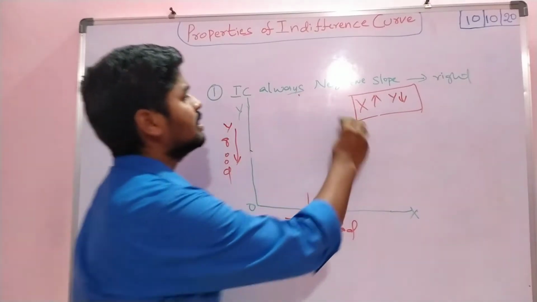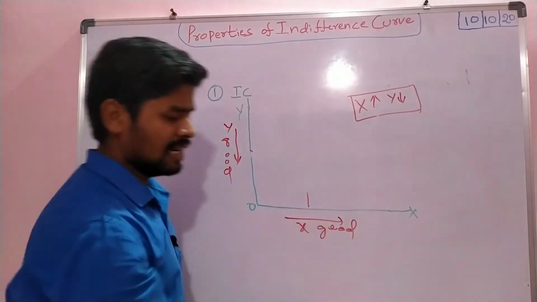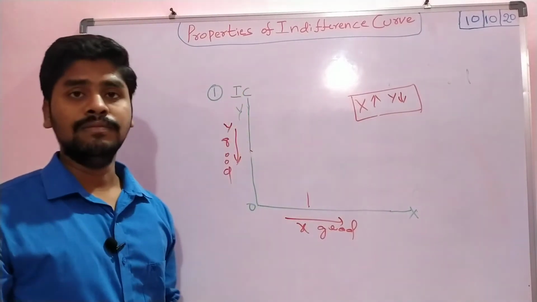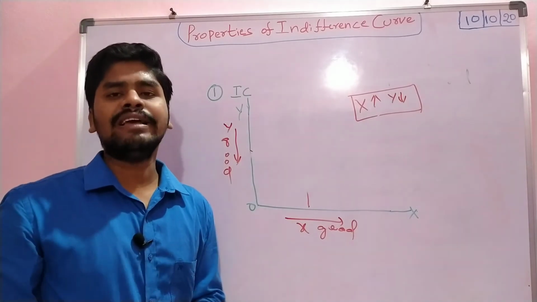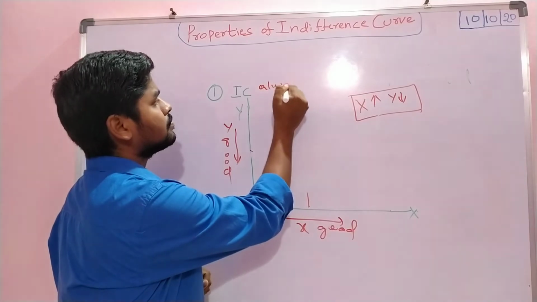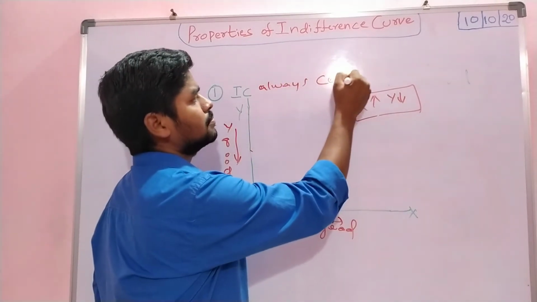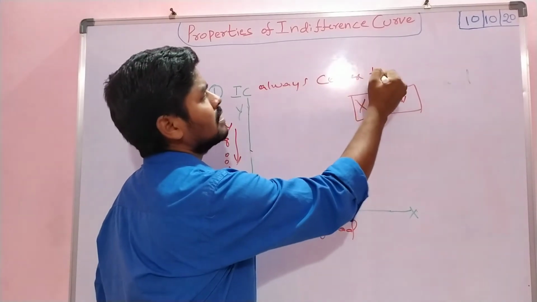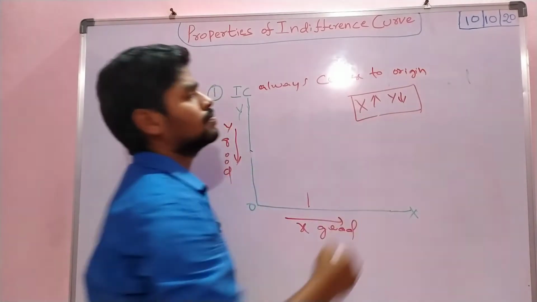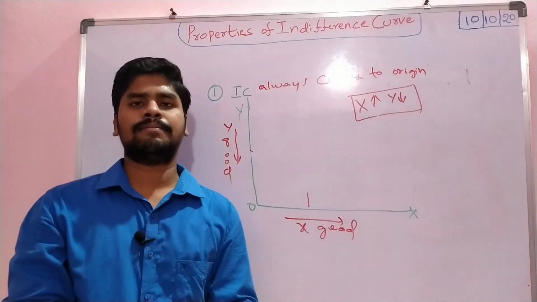Coming to the second most important property of indifference curve: an indifference curve is always convex to the origin. Why is the indifference curve convex?